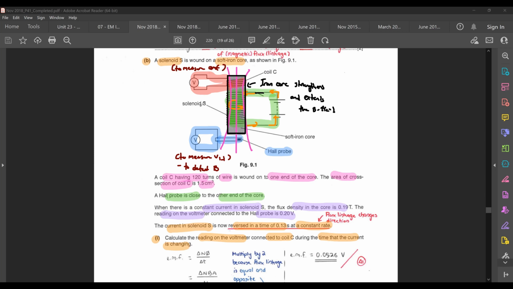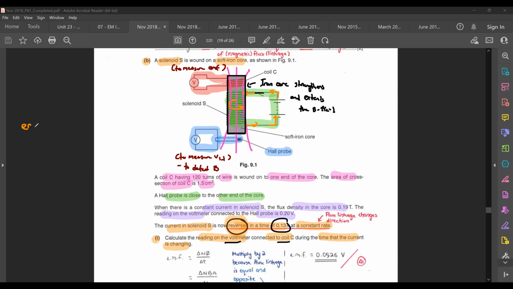All right. Now you want to find out the EMF induced, the reading on the voltmeter connected to coil C. Finding the reading on the voltmeter connected to coil C is actually trying to find out the EMF induced. All right. When the current is changed in direction for 0.13 seconds, over here you see something is being reversed. More or less, you're going to have to multiply something by 2 again.